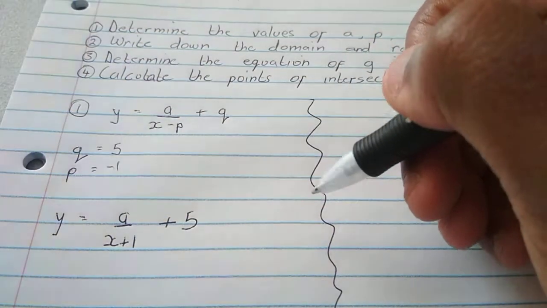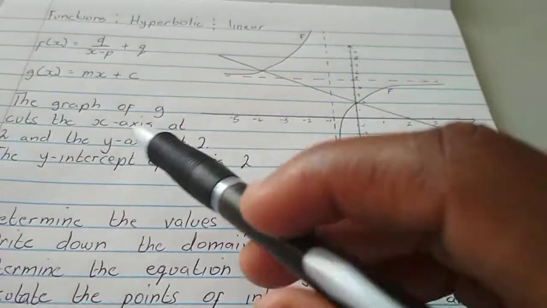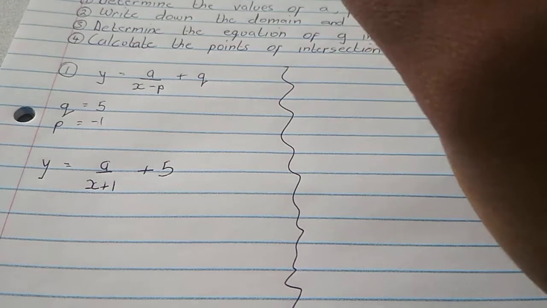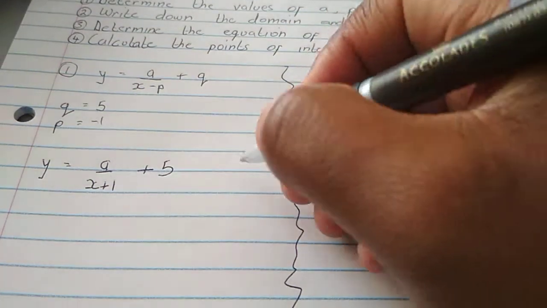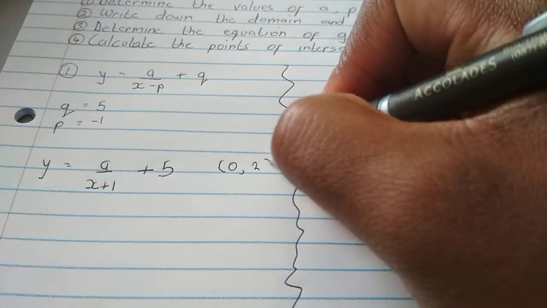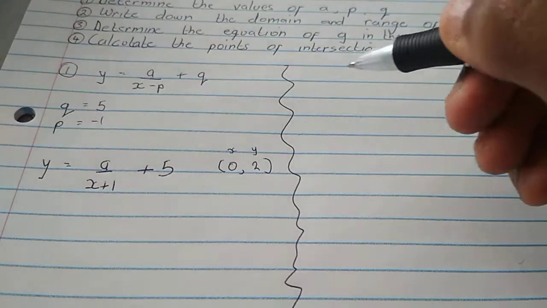We need a point which this passes through, and we were told that the y-intercept of f is 2, which means the point is (0, 2). That's our x and that's our y. What we're going to do is simply substitute.